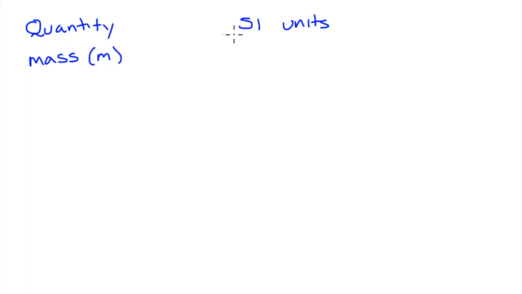First, we'll write down the quantities, and over here we'll say what their SI units are. The first quantity is mass, represented by an M, and the SI unit for mass is kilograms, which is kg in SI units.